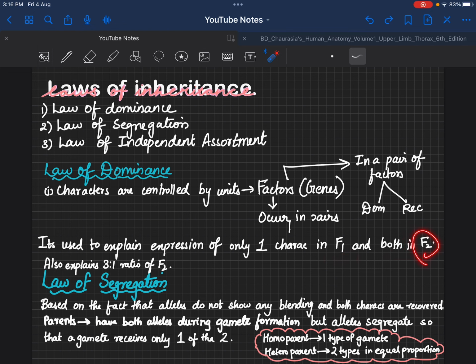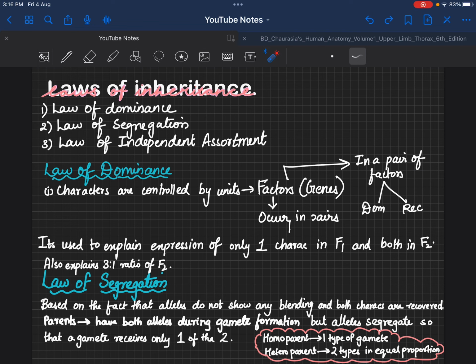In F2 we can see both, but in F2 the major is, that is 3:1 ratio, the major will be the dominant one. Okay, so law of segregation is based on the fact that alleles do not show any blending and both characters are recovered. That is law of segregation. There is no blending as said in the previous class, meaning there is nothing in between.